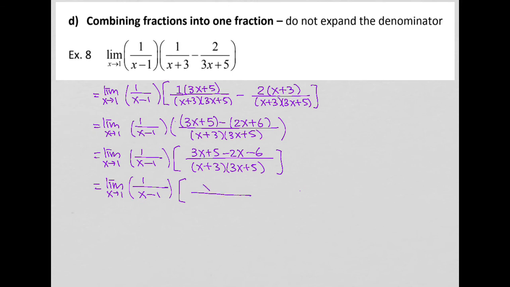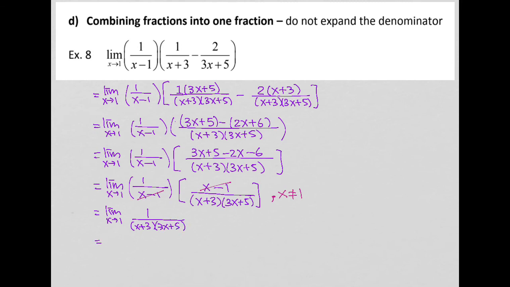You get x minus 1. As you can see, they have a common factor in both the numerator and denominator, so those two can be divided. Remember to write a restriction down. And we can say that's x approaching 1. Numerator is 1. Denominator is x plus 3, 3x plus 5. Let's check.